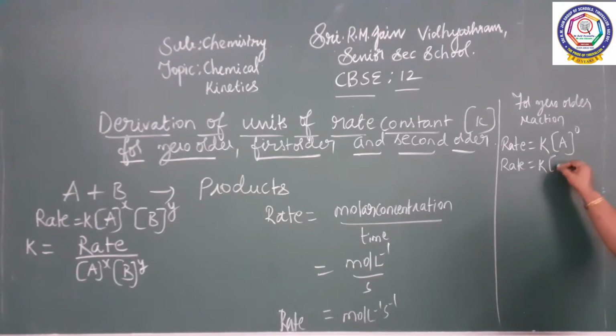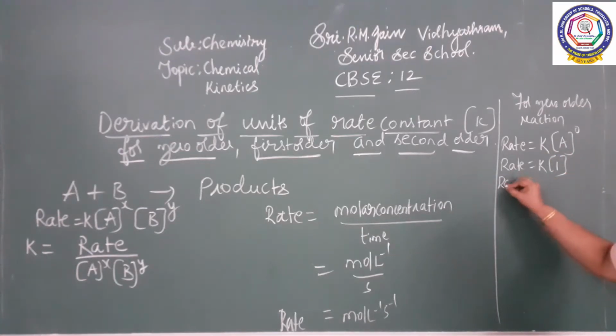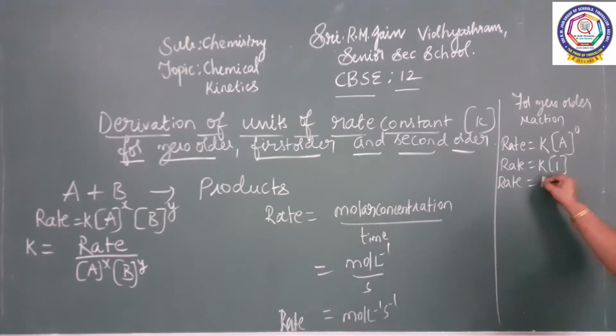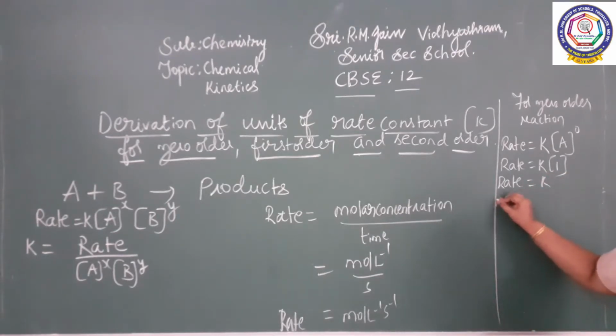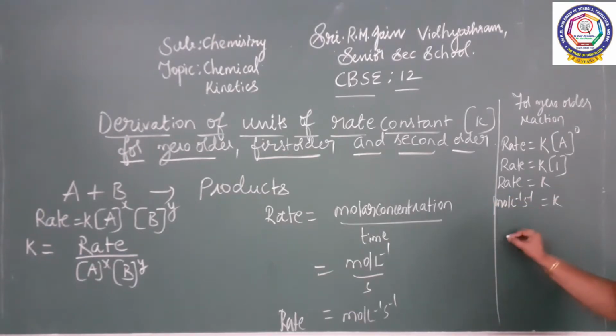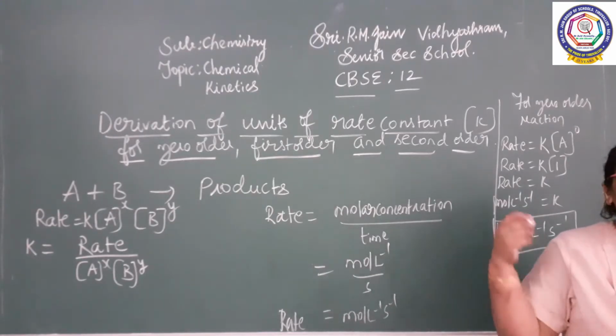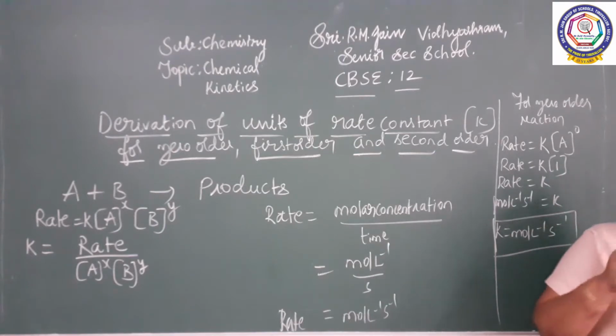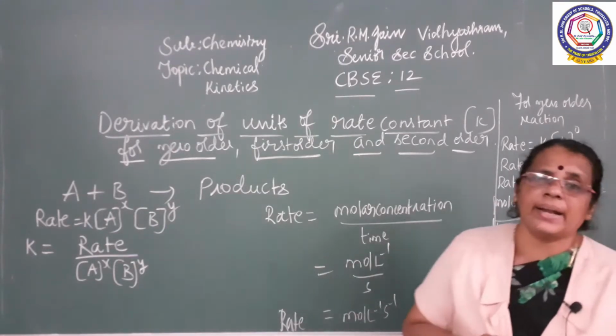Anything to the power 0 is 1. So rate is equal to K. What is rate here? Moles per liter per second, which is equal to K. So for zero order reaction, the rate constant unit is moles per liter per second.